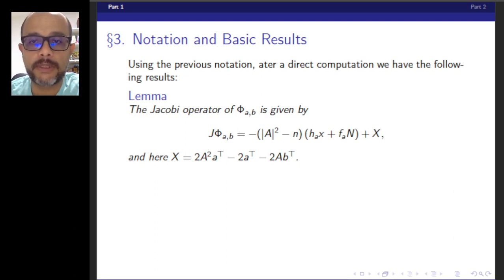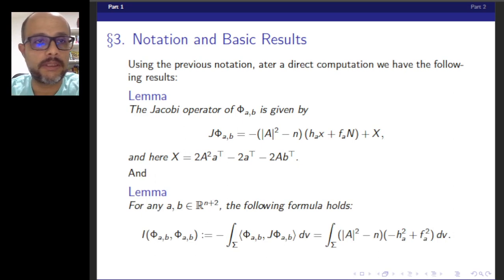The second lemma we have is the index of this vector field, which is defined by this expression in the second lemma. If you compute the index of phi AB, you have this integral, very simple, which is very nice for us in the following computations.